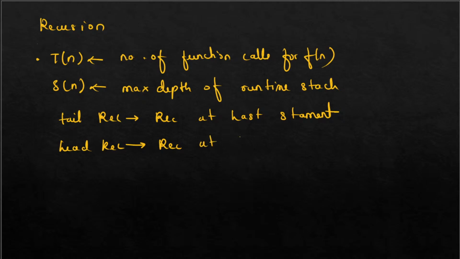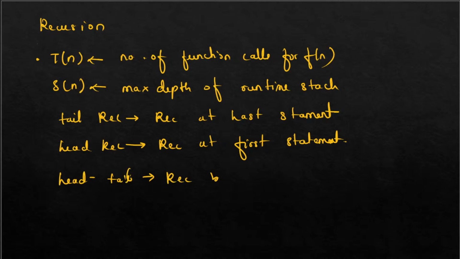Recursion at the first statement, at the very first statement, is head recursion. And what is head tail recursion? Mix of both, which is recursion both at last and first, or last, anything you can consider.